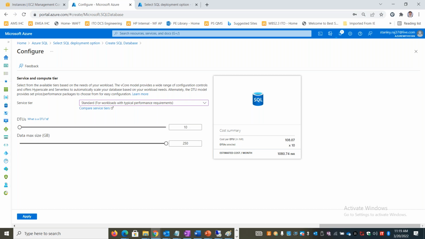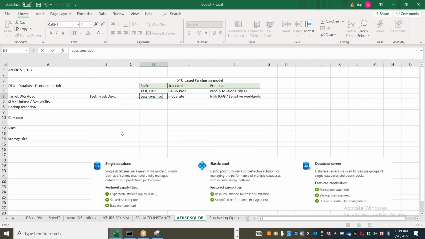People think database transaction is mainly an application connecting to the database and getting the data back. That alone is not DTU. Beyond that, the database transaction unit also has a different backend combination of CPU, memory, network, and storage. It needs a different combination to provide that level of DTU speed.